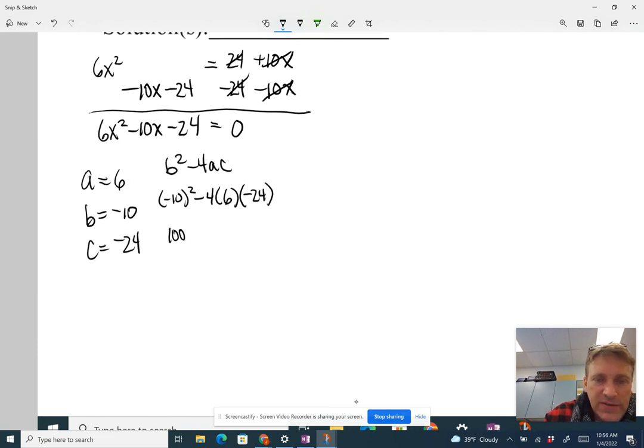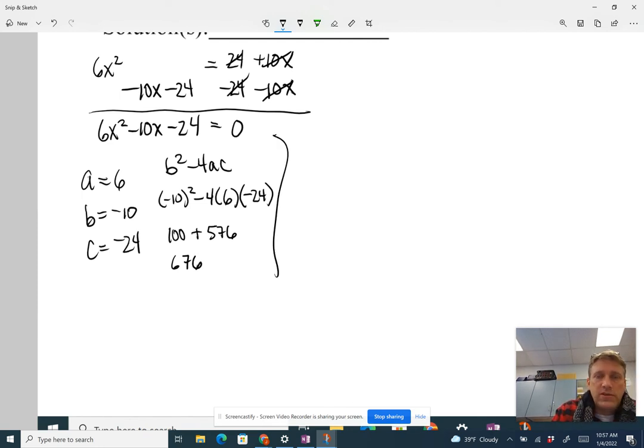And here I've got two negatives, so that's multiplied out. 4 times 6 is 24. 24 squared is 256, I think. No, it's 576. So I've got plus 576. And then that's 676. So there's my discriminant.